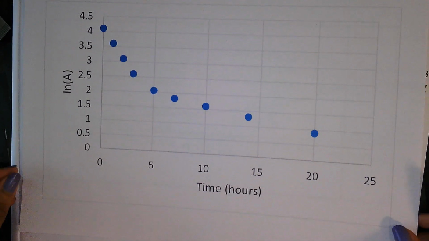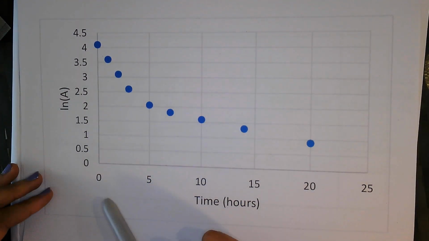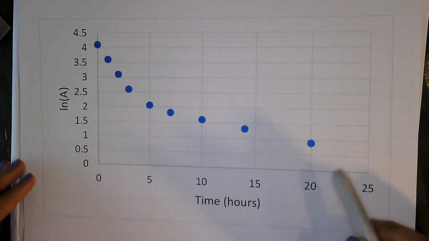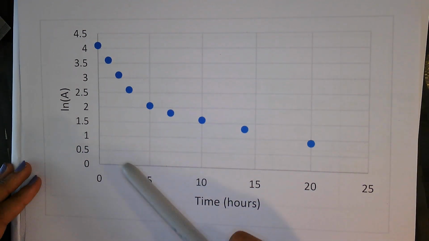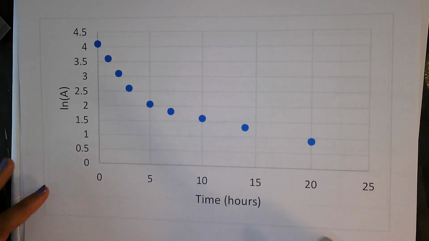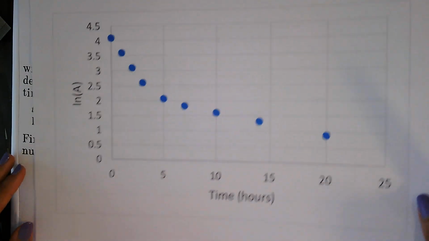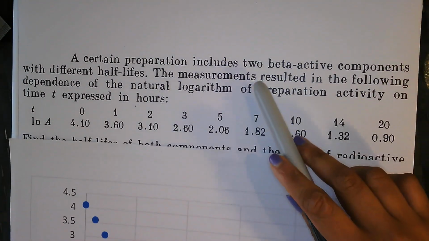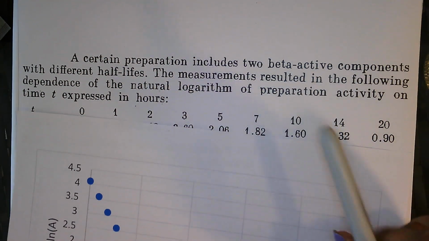Here is a graph of the log of the activity against time, and as you can see, it's a pretty exponential graph, but obviously the question's made more complicated because there are two components here instead of one radioactive component.